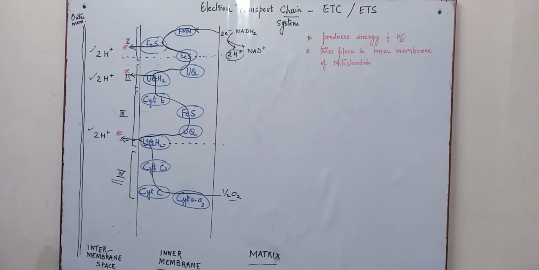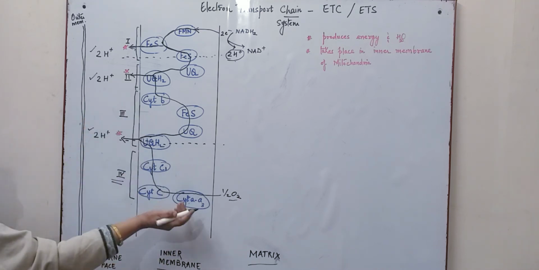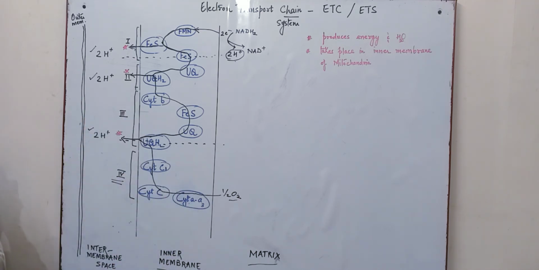You have to be very clear in understanding this, because within the chain, it is cytochrome A3 which is the final acceptor of electrons, whereas outside the chain the final acceptor is oxygen.